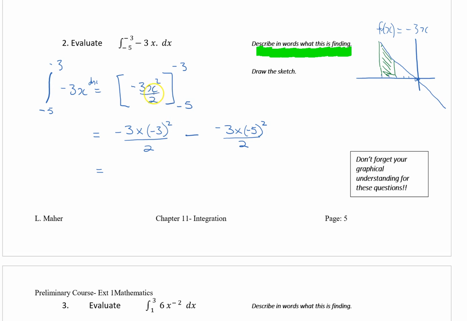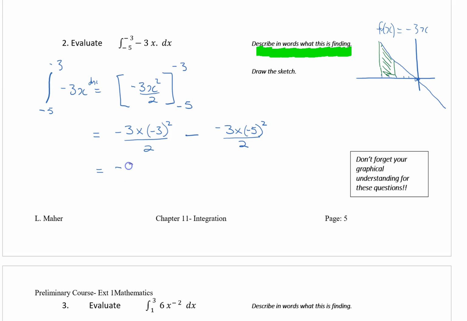So I'm going to show the substitution of -3 being squared all over 2 and with a -3 at the front. Subtract, because that is the rule. Again, it's -3 times, and I'm going to show the -5 being substituted for the x. That all has to be squared, and it's over 2.